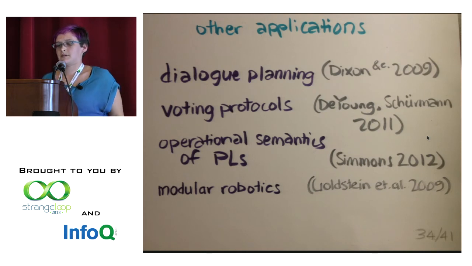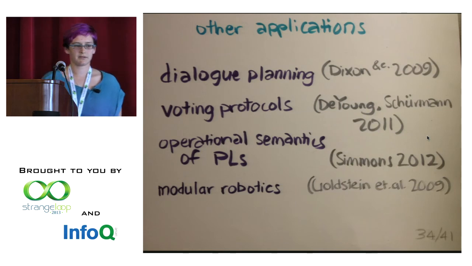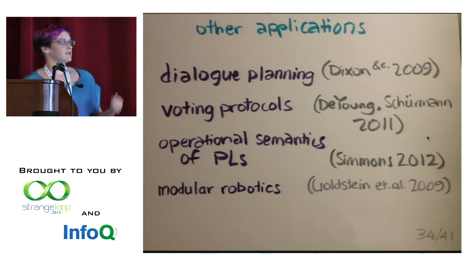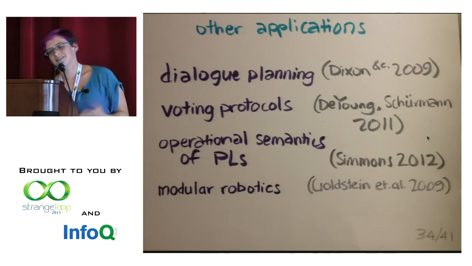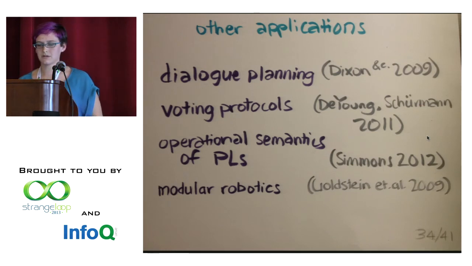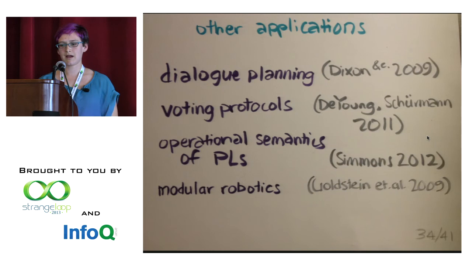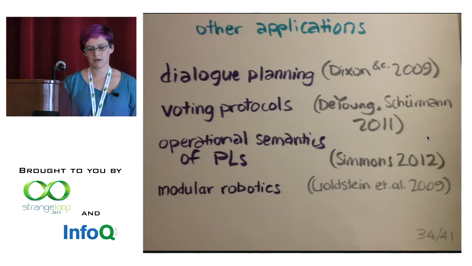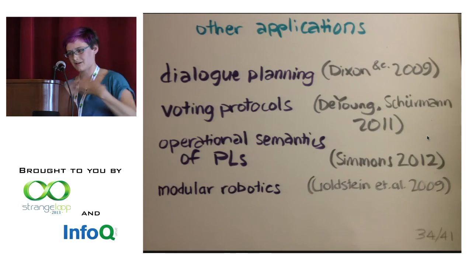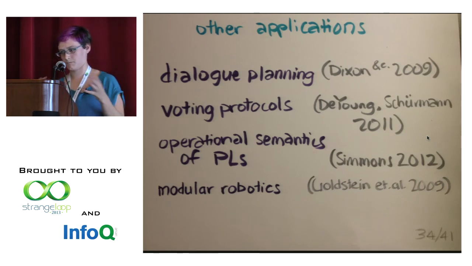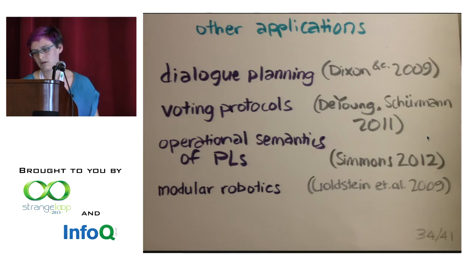Rob Simmons has used this to describe the operational semantics of programming languages using these concepts and a few of the other ones that Celf has. And there's also this really cool project that uses this to program ensembles of little cube robots that can form shapes that you specify just by performing computations locally, which is cool.